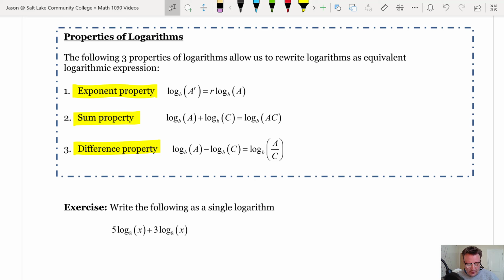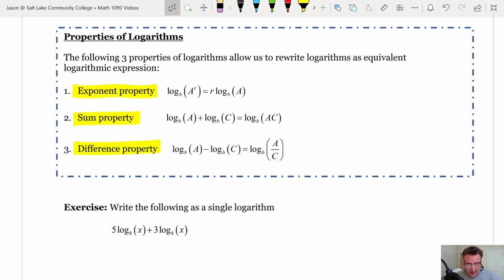The first is called the exponent property. And the way I like to remember this is that whenever we have a logarithmic expression of an exponential, what we can do is pop the exponent out in front as a multiplier or multiple.